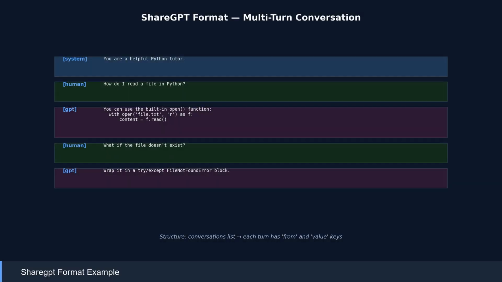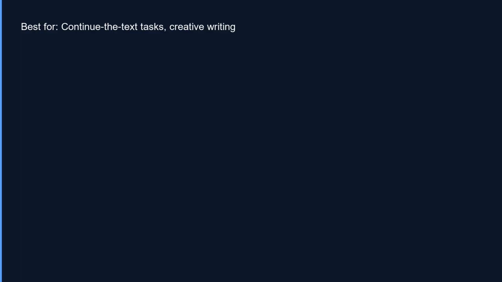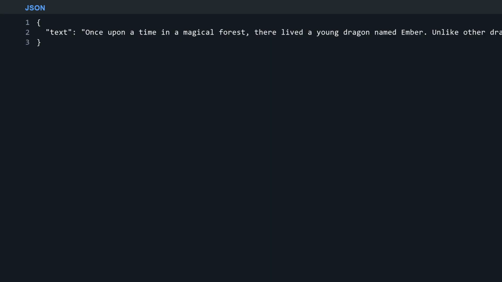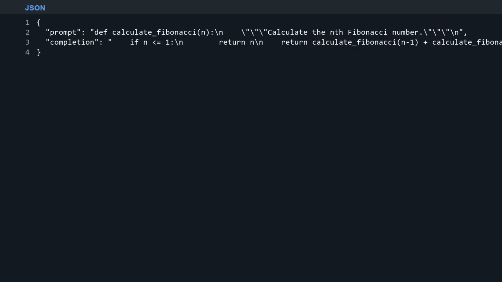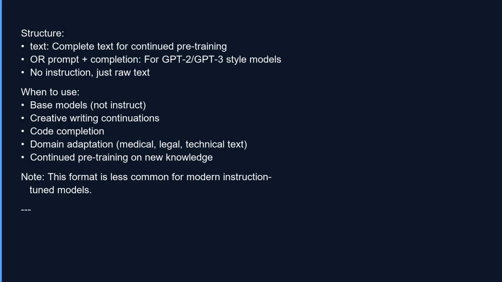Let's now look at 3, completion format. Here we can see the shared duped format example. Best for continue the text tasks, creative writing. Here's the JSON code for this section. Structure: text, complete text for continued pre-training, or prompt plus completion.